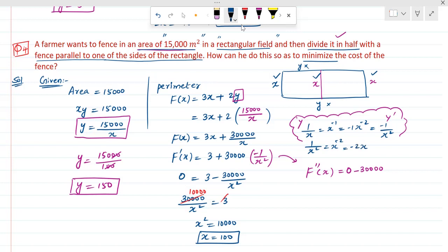Bring it down, x to the power minus 3. Minus 2 over x power 3. So therefore the derivative is minus 2 over x power 3. When you multiply, you will get 60,000 over x power 3. So whatever be the value, this becomes more than 0. Therefore, it's a minimum. Thank you.